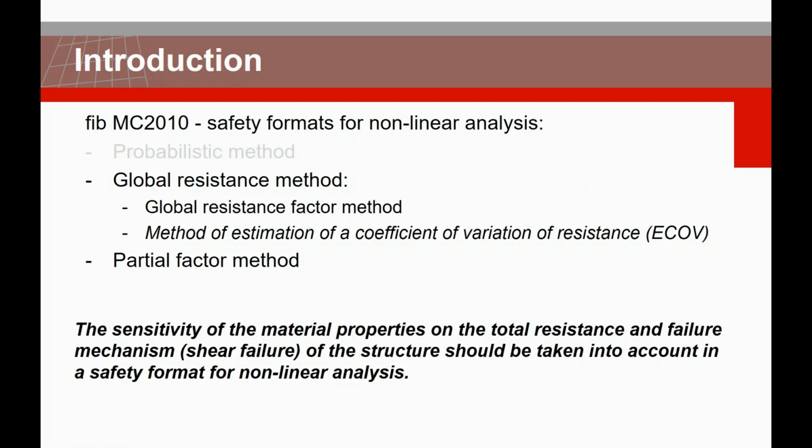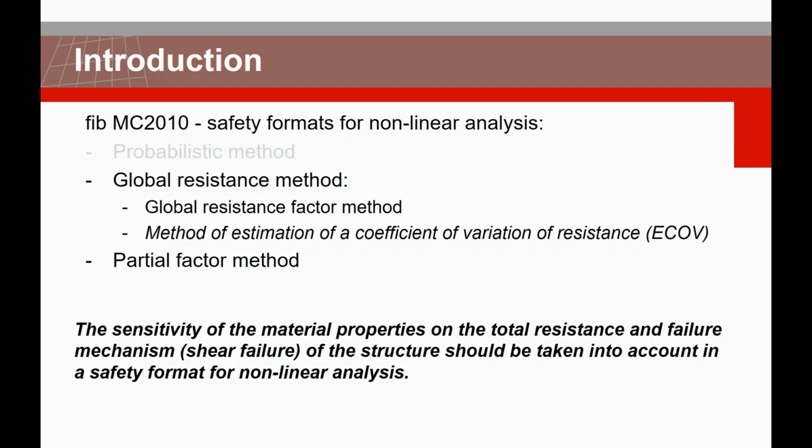It is possible that in the first analysis, my beam fails in bending, for example. And then I perform the second analysis with the characteristic material parameters, and my beam will fail in shear. This is something which is not really thought of, what to do when that happens, because it can be that the shear resistance may be even higher than the first calculated bending capacity. So it is quite important.